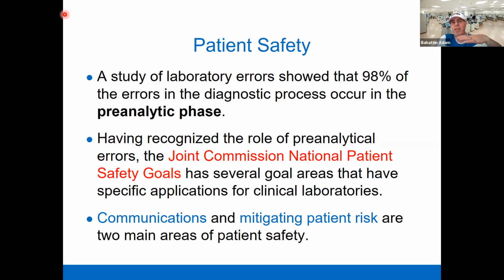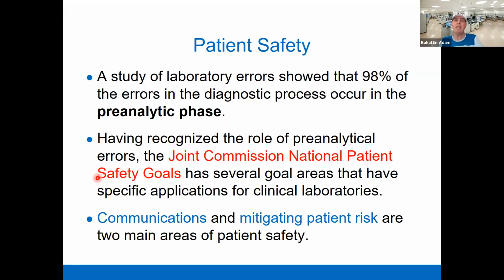We divided the lab process into pre-analytic, analytic, and post-analytic. I am going to show you, but about 100% of the errors occur during the pre-analytic phase.